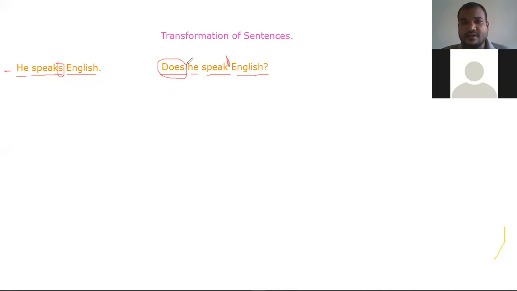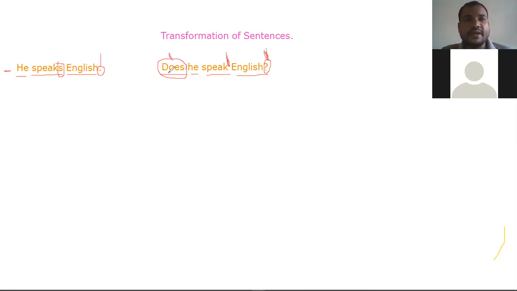Yes, Gautam? Sir. Okay. Any other observations? Here the sentence ends with a full stop, right? And here the sentence ends with a question mark. So only three differences. Here we just removed s. Here we included does, and another difference is the question mark.